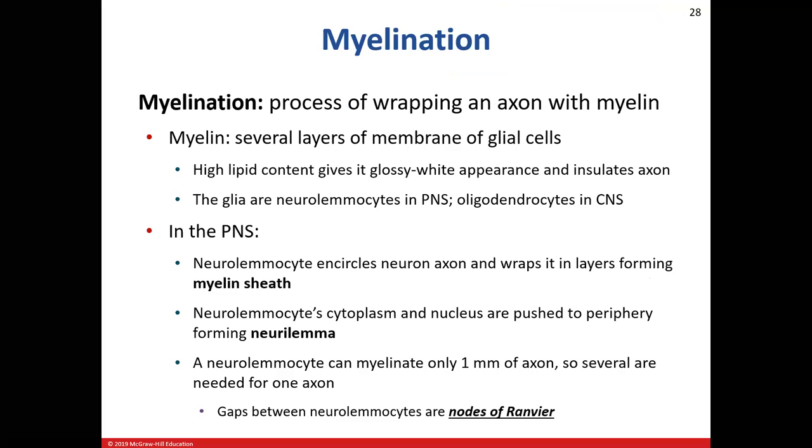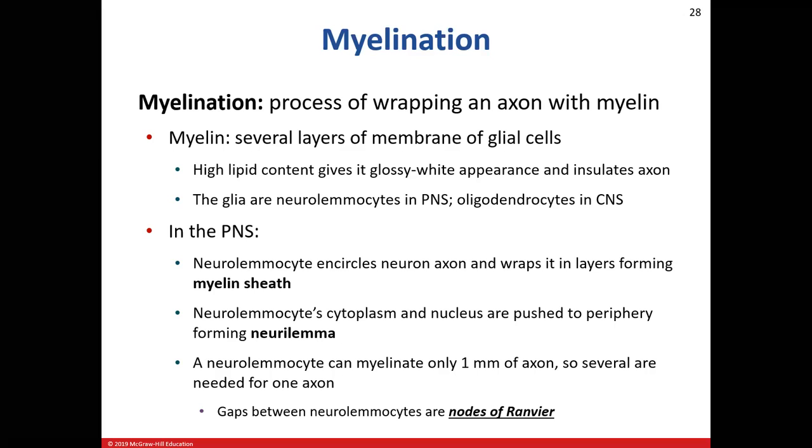So let's talk a little bit about myelination. We've talked about the two types of cells that do myelination. If we're talking about myelination in the CNS, it's our oligodendrocytes. If we're talking about myelination in our PNS, these are the Schwann cells or the neurolemmacytes. So the myelin is essentially several layers of the membrane of glial cells.